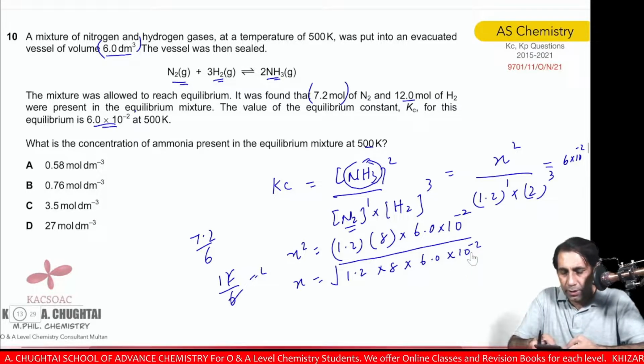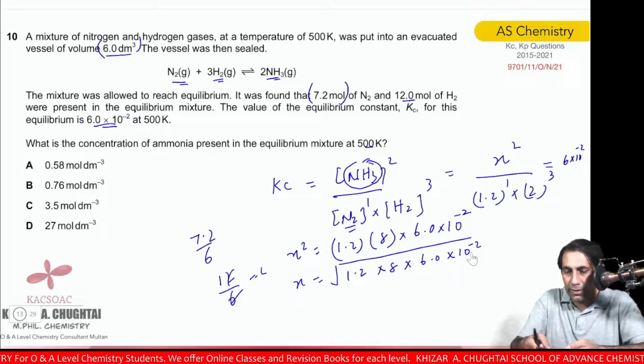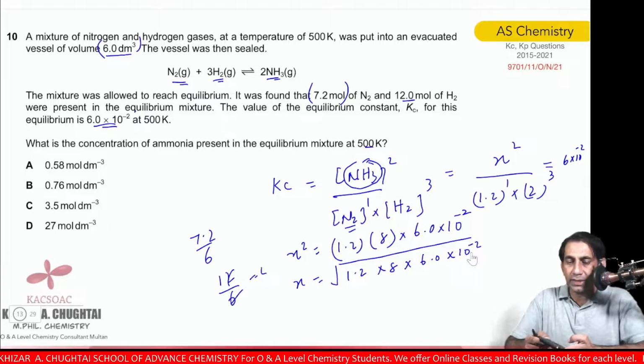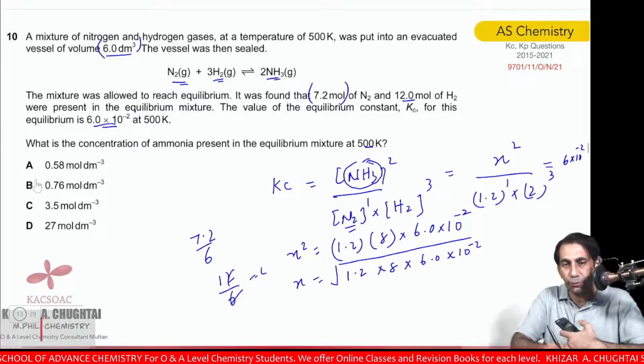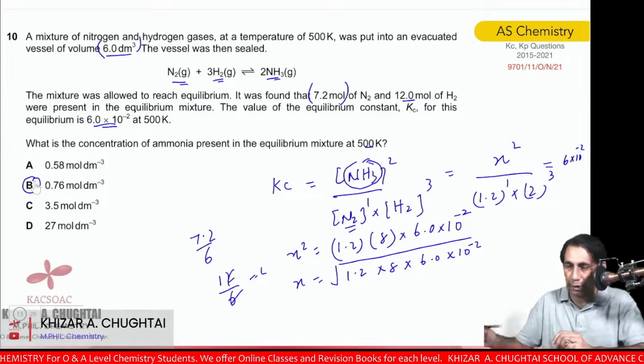So what is the answer? 1.2 multiplied by 8 multiplied by 6.0 10 to the power minus 2. And here is the answer. The answer is 0.6 mole per dm cube. B is the correct option.